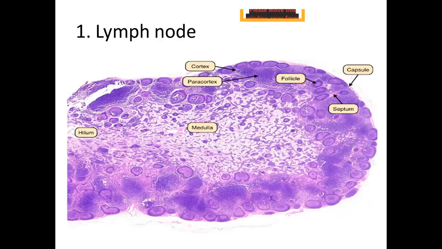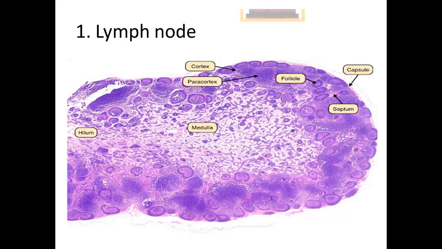We begin with the lymph node. The lymph node is small, oval in shape, encapsulated, and interposed in the path of the lymph vessels to serve as a filter and remove bacteria and many foreign substances.